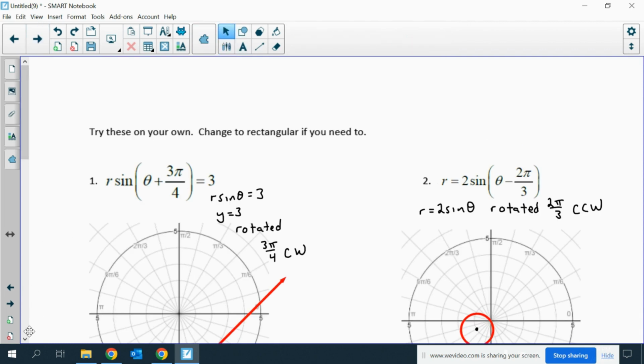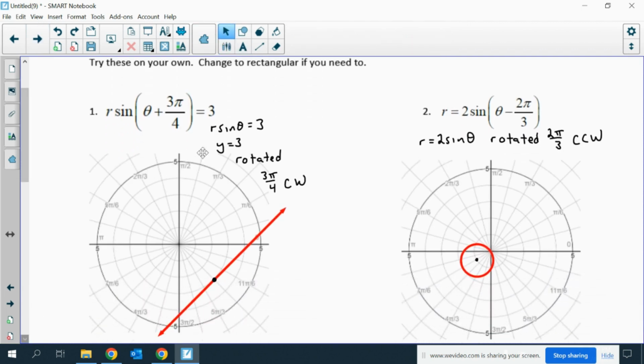Here are the answers. So number 1 is just r sine theta equals 3 rotated 3 pi fourths clockwise. So that's a rotation in this direction. 2 is r equals 2 sine theta rotated 2 pi thirds counterclockwise.